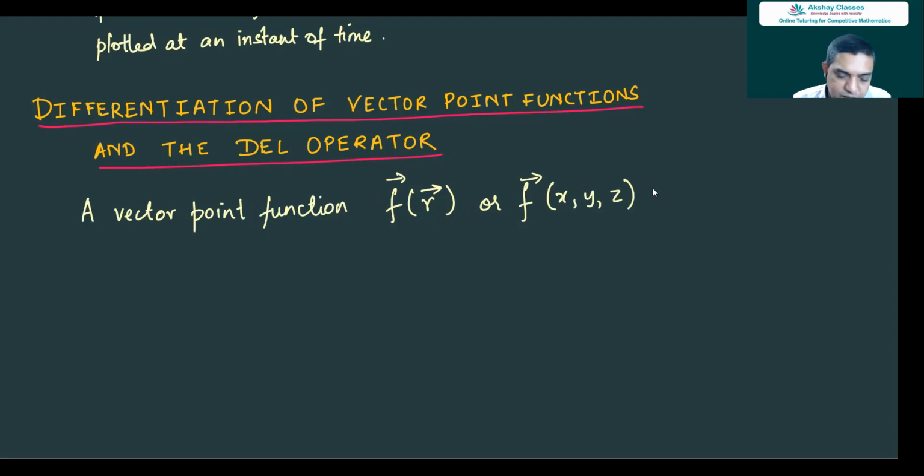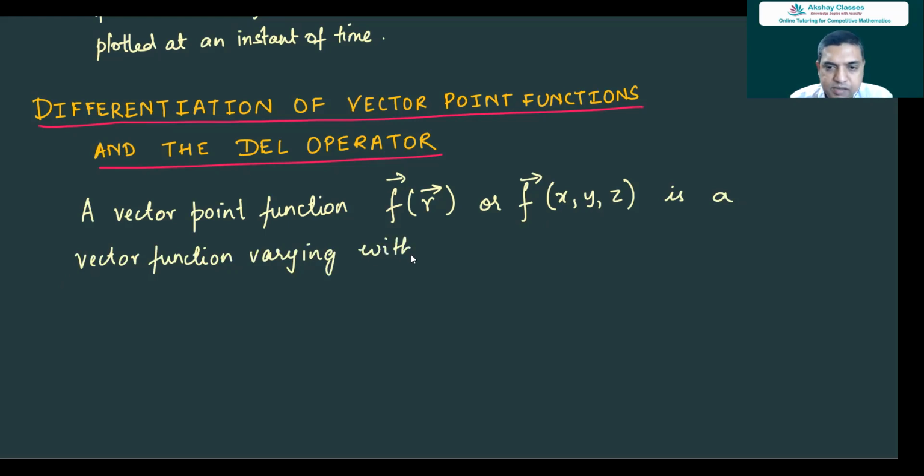This is a vector function varying with different points in domain D. A vector point function F is a vector function varying with different points in a domain D, which is a region of volume.